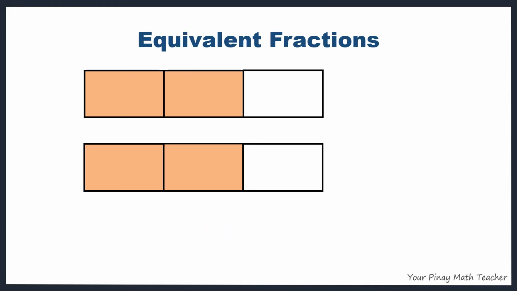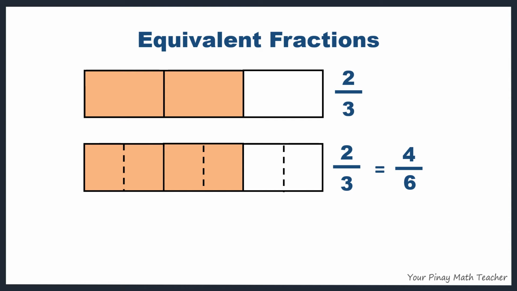Second example, the shaded part for the first figure is 2/3 and also the second figure. Again, they are equal. If I were to cut the second figure vertically and equally, then the shaded part becomes 4/6.